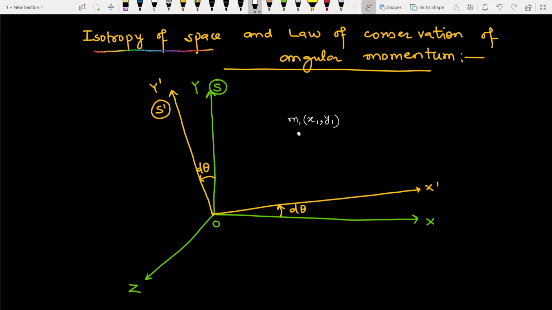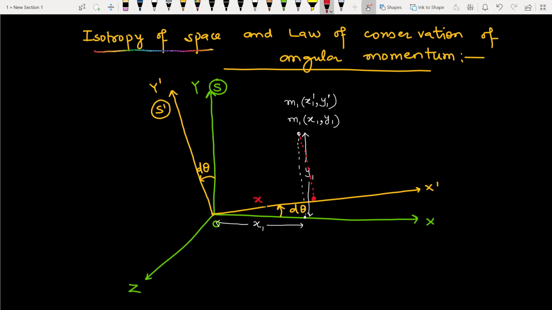So if we draw a perpendicular like this, then this will be x1, this will be y1, and in the S dash frame the same particle will have x1 dash, y1 dash coordinates, obtained by drawing a perpendicular on the x dash axis.